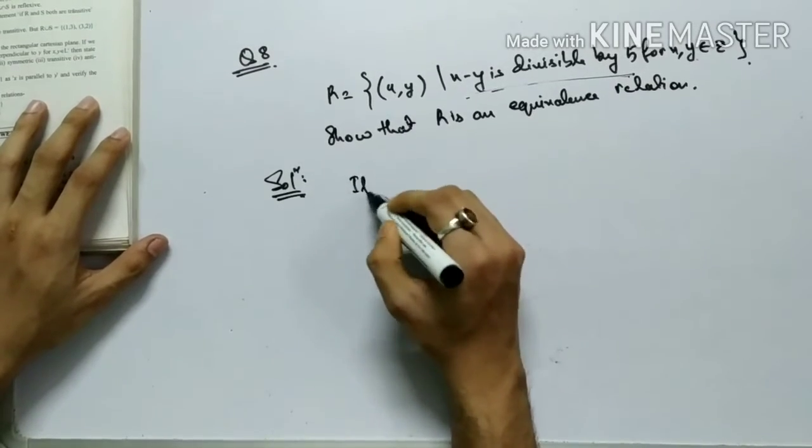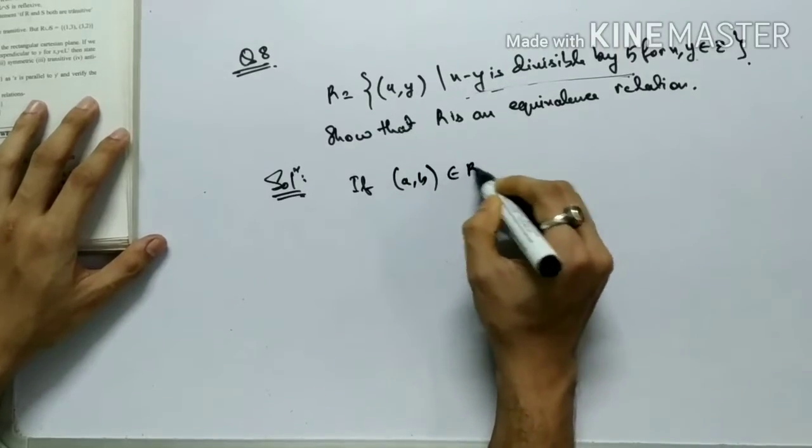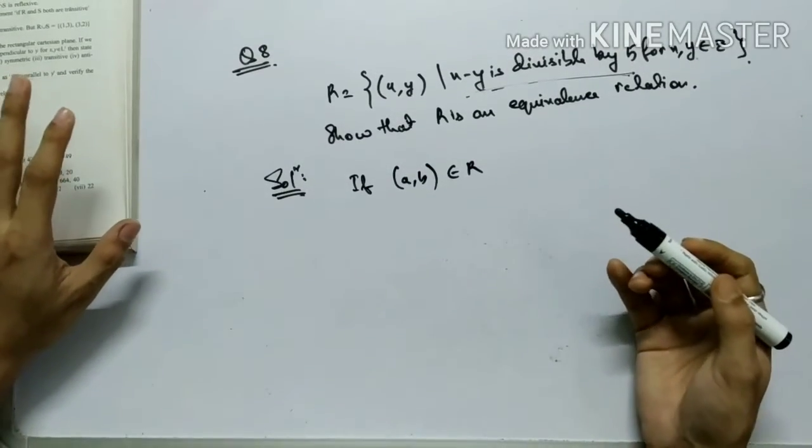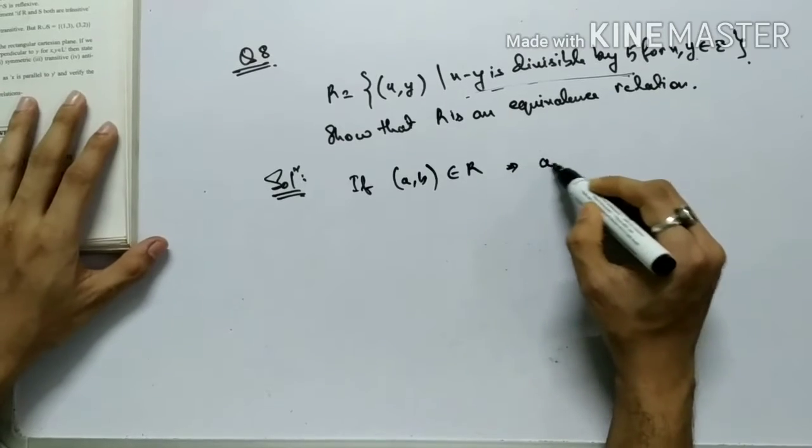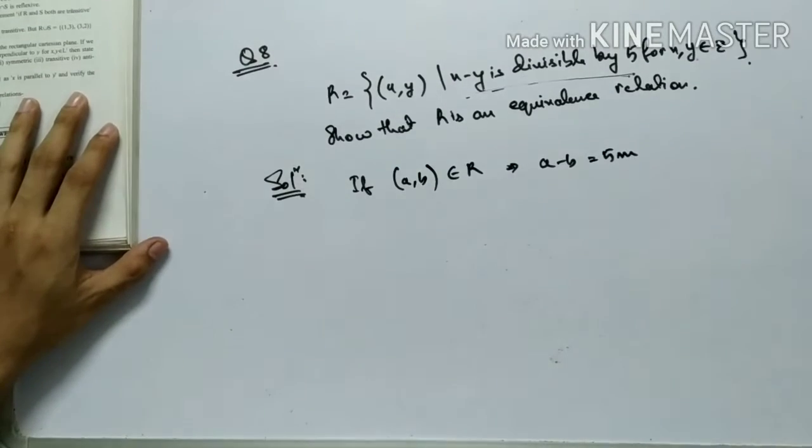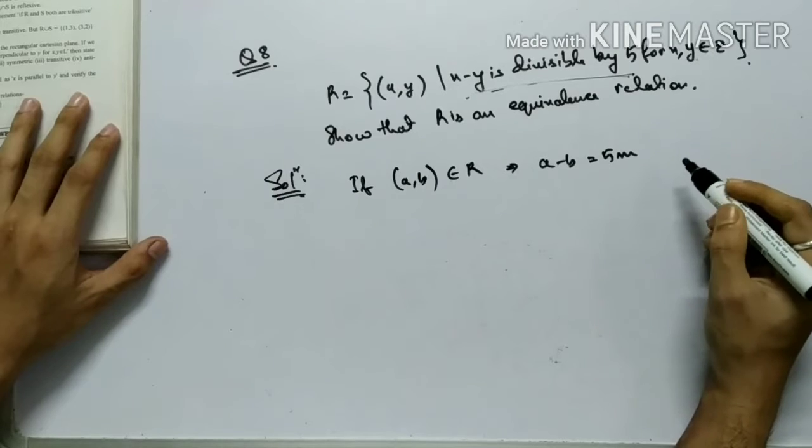Let (A, B) belong to R. So how can I write this? A minus B is equal to 5m.